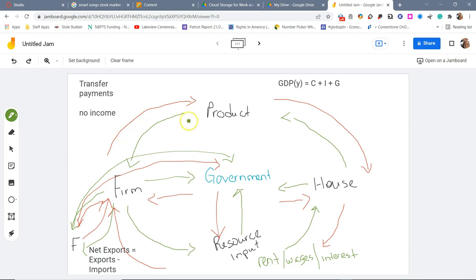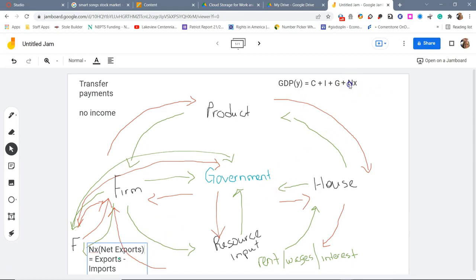All right, let's go back to our formula. Then we also have to add net exports. Now, net exports is down here in X. Net exports.